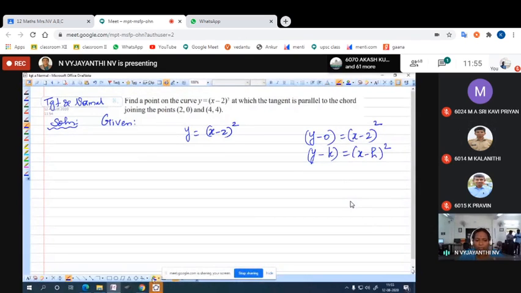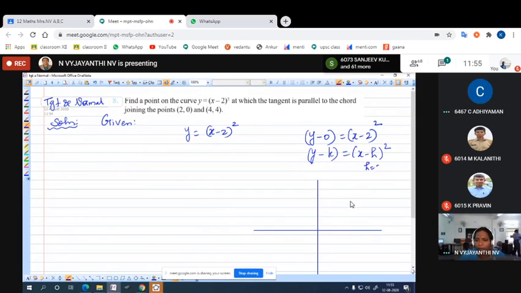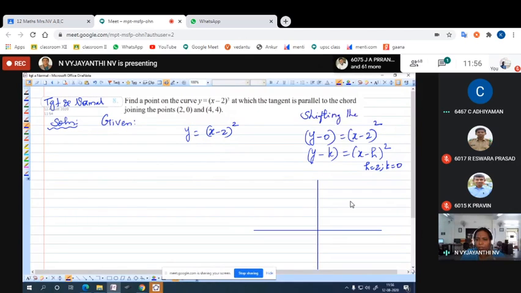So in that case, what will be the vertex? This is additional information which I am giving. What is h equal to? 2. What is k equal to? 0. This is called the shifting the origin method.